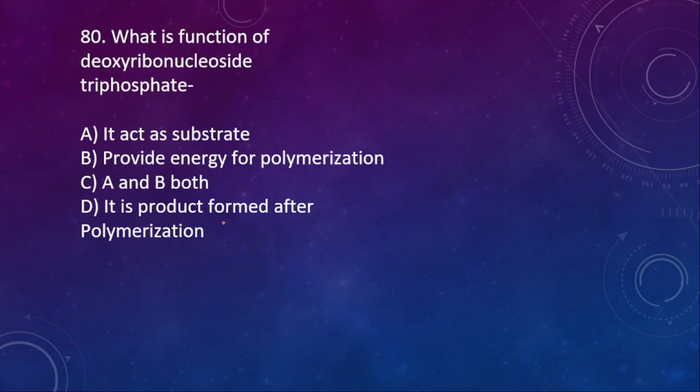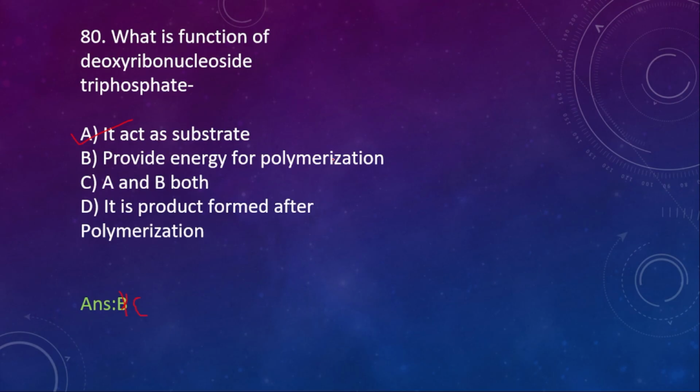D. It is a product formed after the polymerization. Here the right option is option C actually, because it acts as a substrate also and provides energy for the polymerization. They carry 3 phosphate groups.